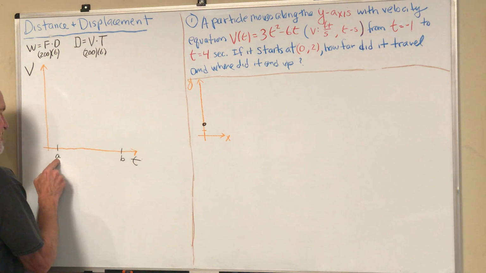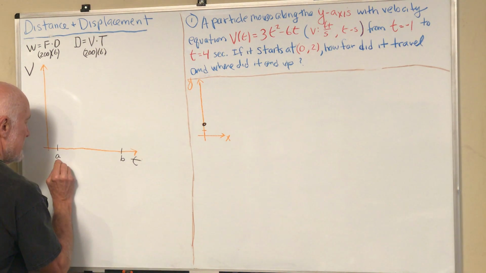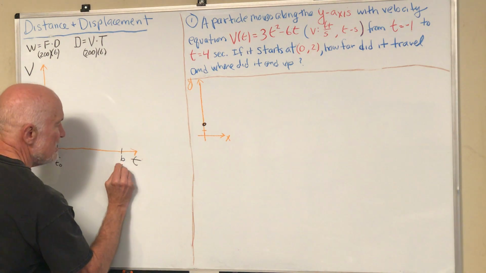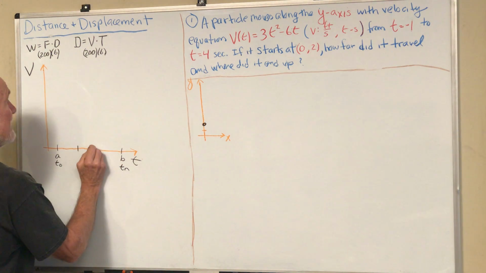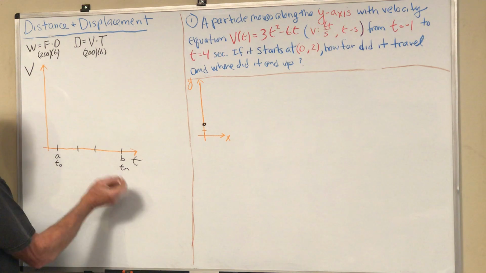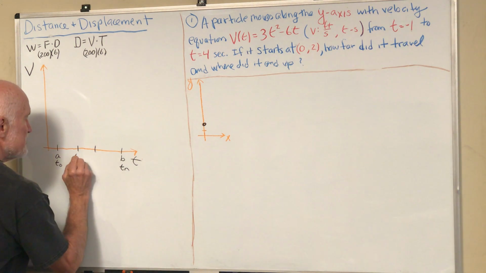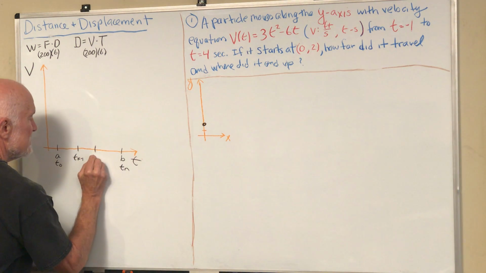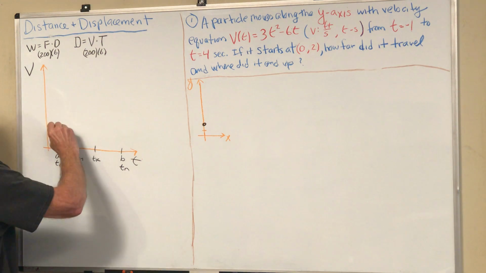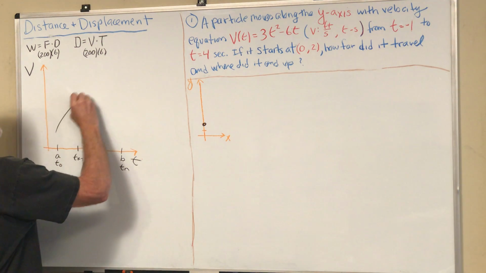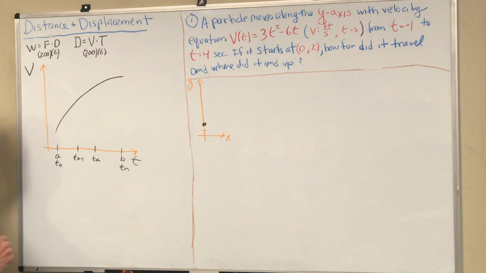So we're going to call this, instead of x sub 0, t sub 0, and this is t sub n, and then we're going to take the kth interval from t sub k minus 1 to t sub k. So we're assuming we have some type of velocity as a function of time that's not constant.